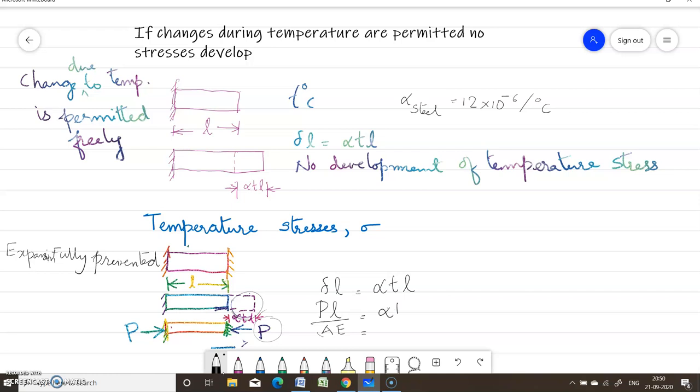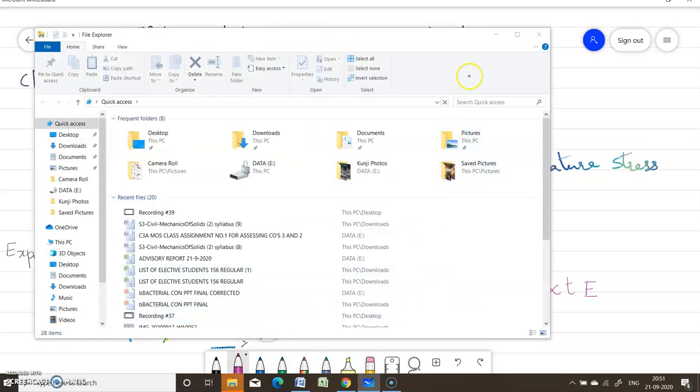This is equal to alpha into T into L, and here L and L cancel. So P into L by AE is equal to alpha into T into L, which gives P by A equal to alpha into T into E. P by A we can write as sigma, where this sigma is known as the temperature stress.